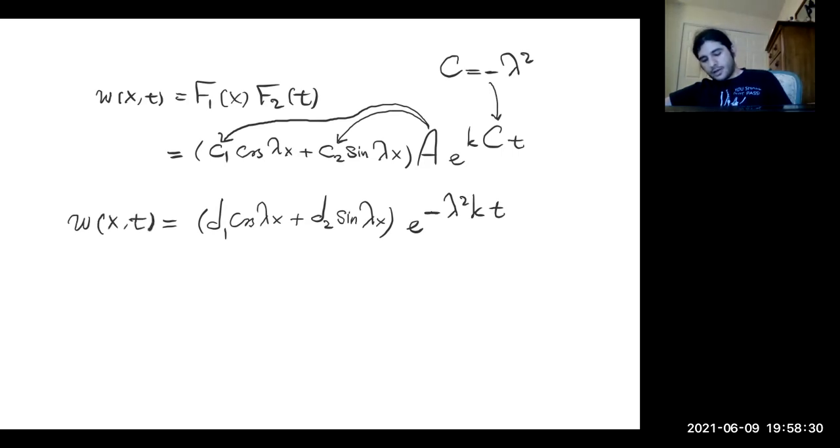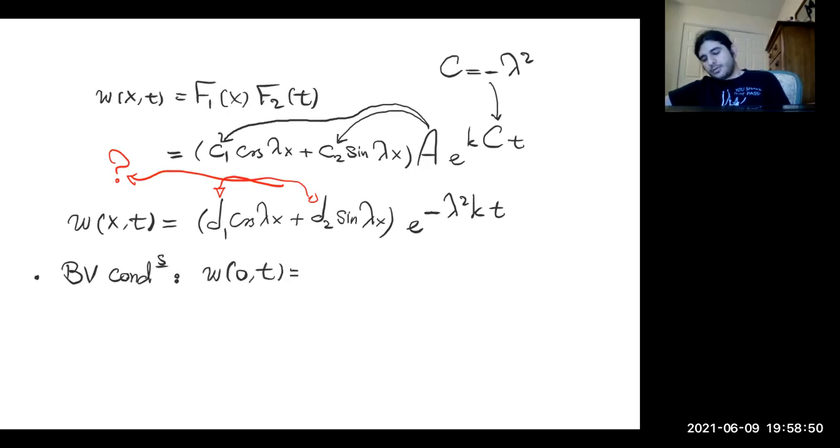There are still unknowns here, d1 and d2. We don't know what these values are. Now we can look at the boundary value conditions. So let's look at our boundary value conditions. One was telling us w of 0 and t is equal to 0. The other one was telling us w of a and t is equal to 0.